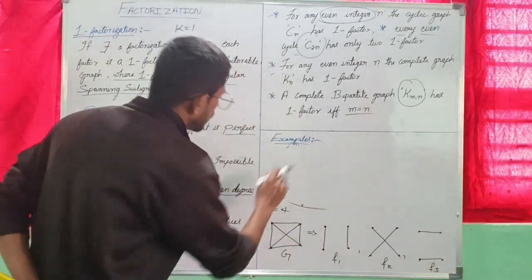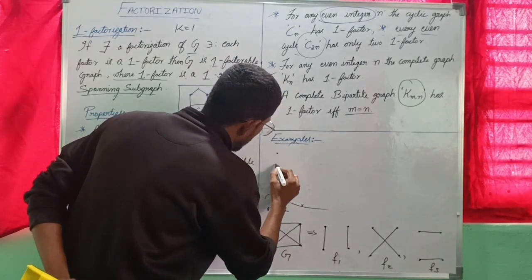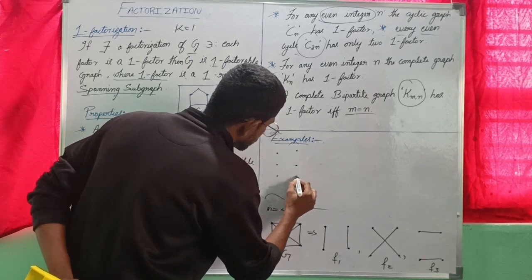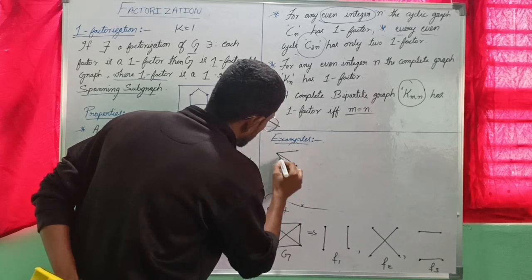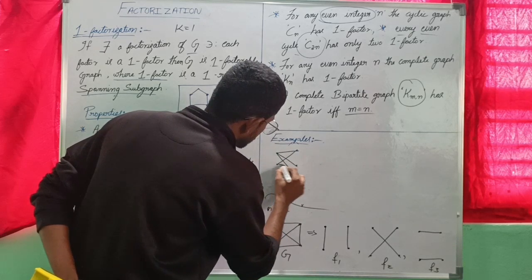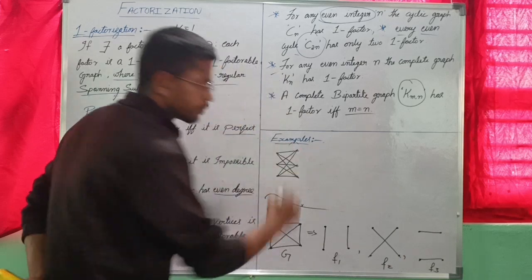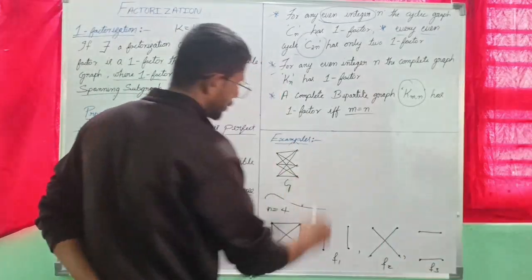I will take a complete bipartite graph. Then consider it as G.